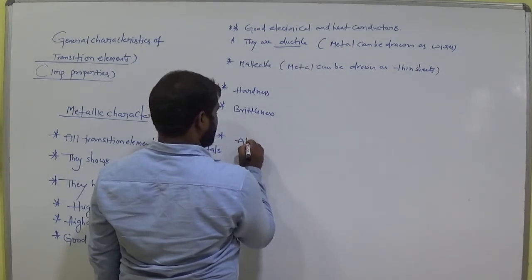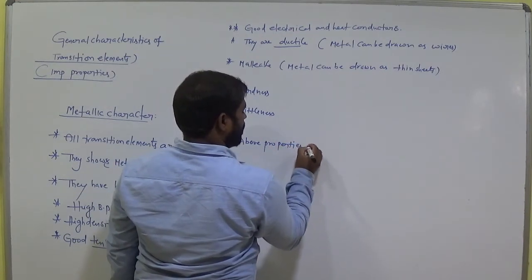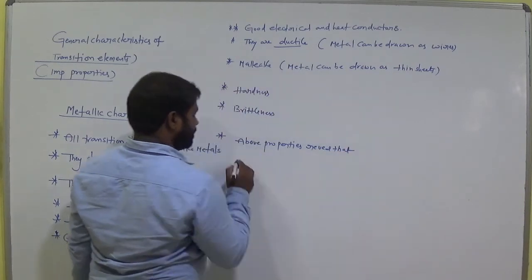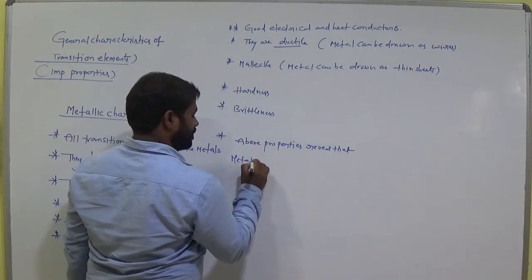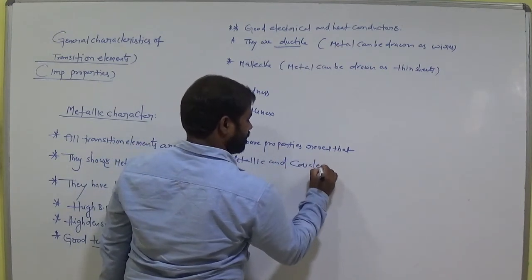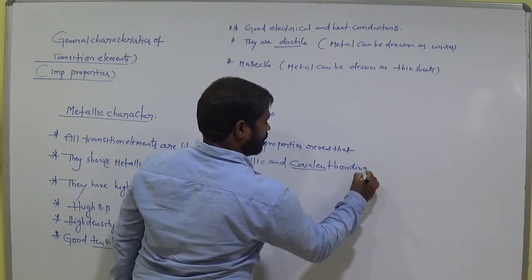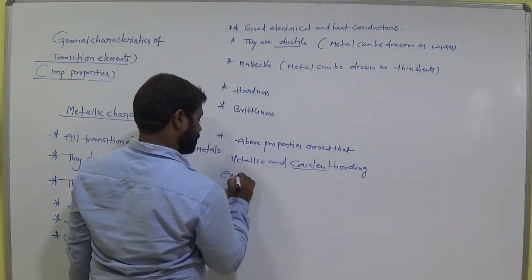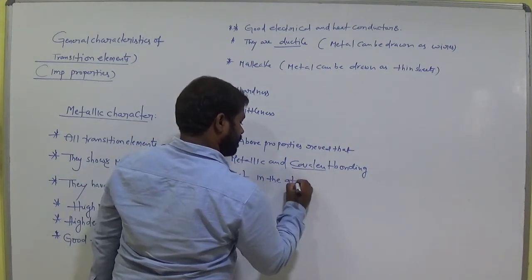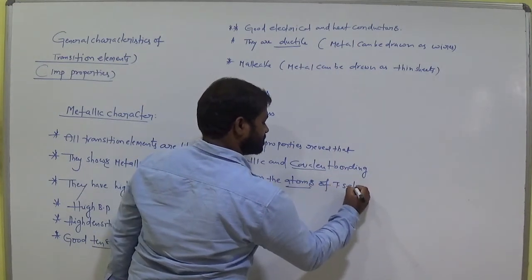So the above properties reveal that metallic and covalent bonding exist in the atoms of transition elements.